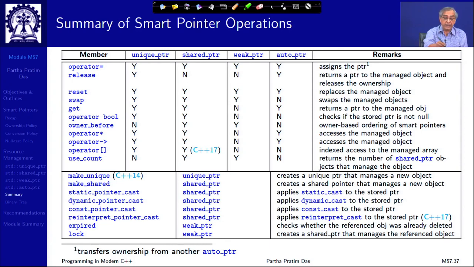For example, the reason you do not use auto_ptr is that most of these members are not available in auto_ptr, whereas some are available in some. For example, use_count is not available in unique_ptr, because in unique_ptr the use count is always 1, it is an exclusive ownership. So it is not much meaningful. So this is a quick reference that you can have.